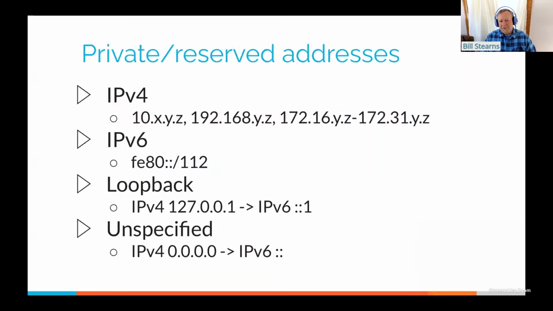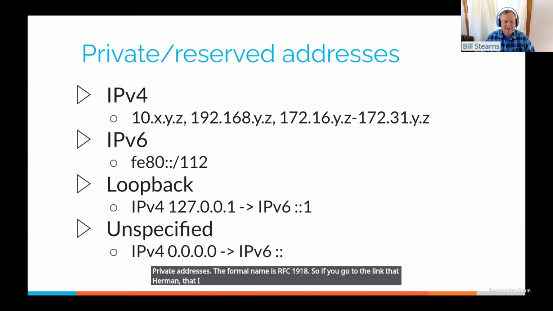In IP version 4, we have a bunch of addresses that are called reserved or private addresses. The formal name is RFC 1918. So if you go to the link that HK put down into Discord, rfc-editor.org, and you look up RFC 1918, that one describes the address blocks that are available for IP version 4.